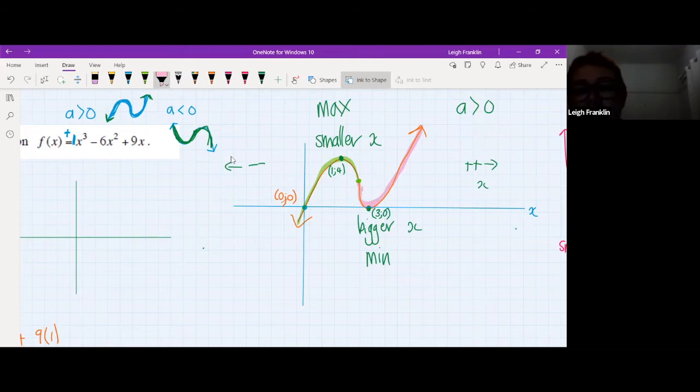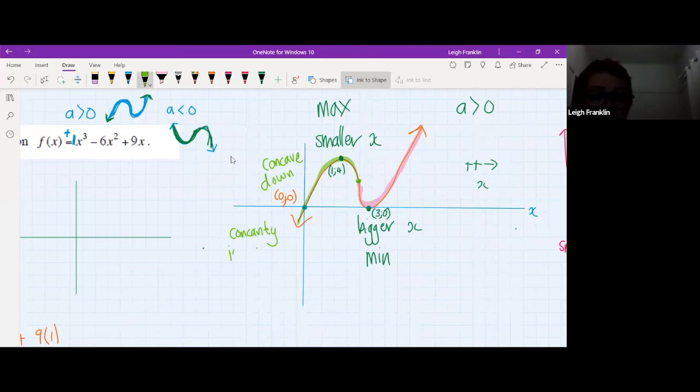And just like y can be positive or negative or 0, gradient can be positive or negative or 0, concavity can be positive or negative or 0. So when the graph is concave down, concavity is negative.